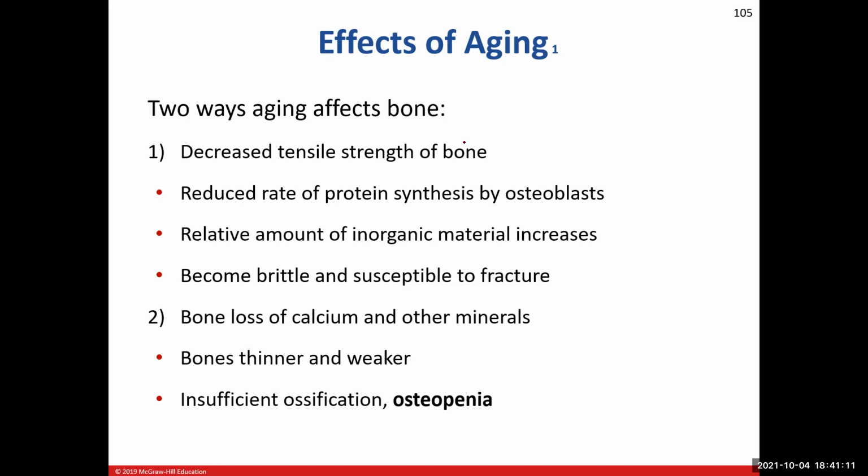One is going to be through the tensile strength of bone. Tensile strength is how much a bone can twist or bend before it actually snaps, right? Remember what I said, in the aging effects, everything slows down. Cells make less of what they normally make. The osteoblasts are no different, and they're going to decrease the amount of protein synthesis. If that's the case, that means you're going to have less collagen in your osteoid. That's a problem because we have now significantly reduced the organic part of our equation.